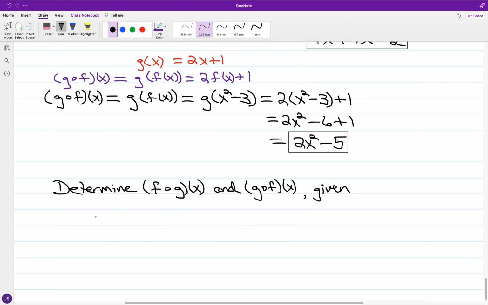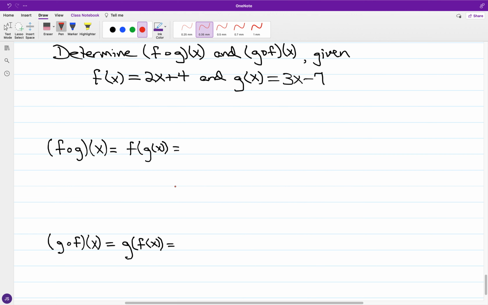We'll say that f of x is equal to 2x plus 4 and that g of x is equal to 3x minus 7. In the next few moments, let's see what we get for these compositions.